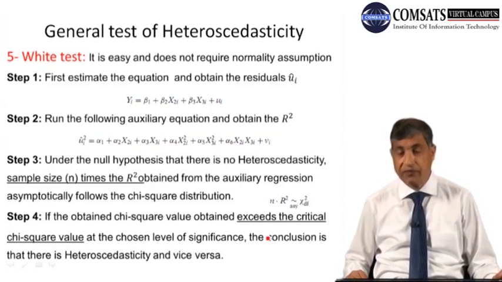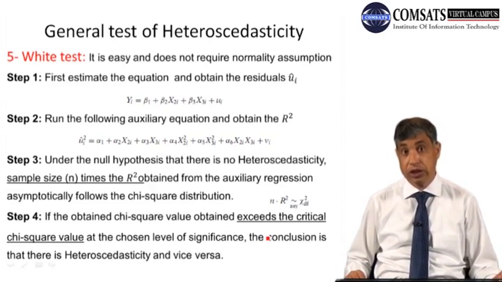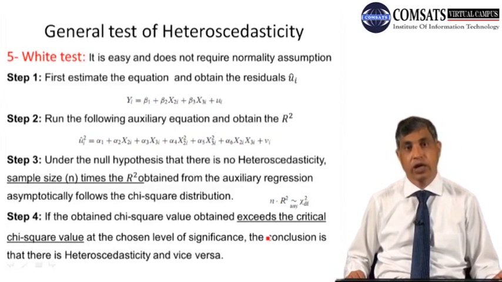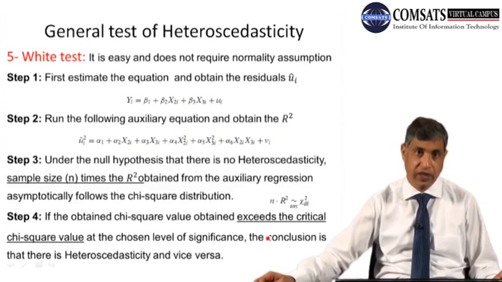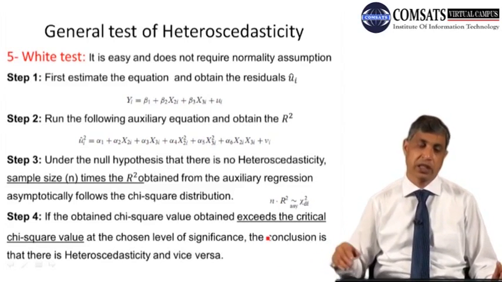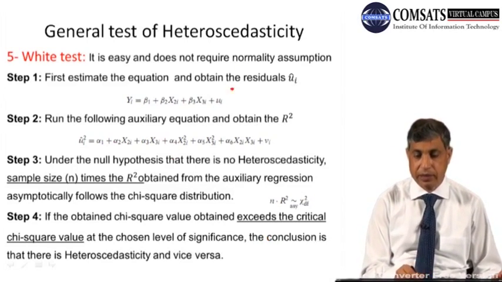You may be thinking why there are so many tests; it is because different tests perform differently, sometimes in a better way, and sometimes one test becomes a failure in some special situation.